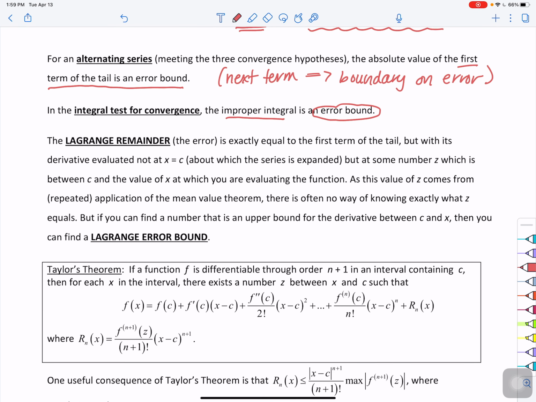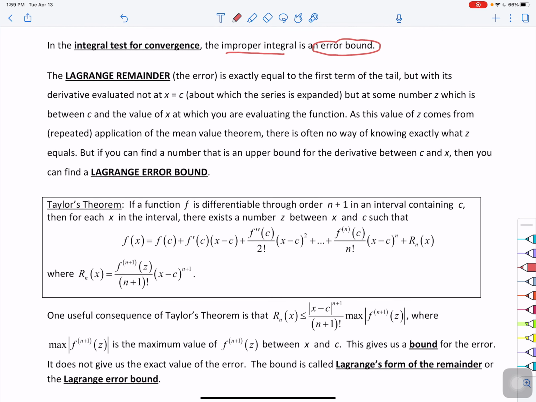Now we present the Lagrange remainder. The Lagrange remainder is the error. It is exactly equal to the first term of the tail, but with its derivative evaluated not at x equal to c, which is the center, but at some number z, which is between c and the actual value of x at which you are evaluating the function.